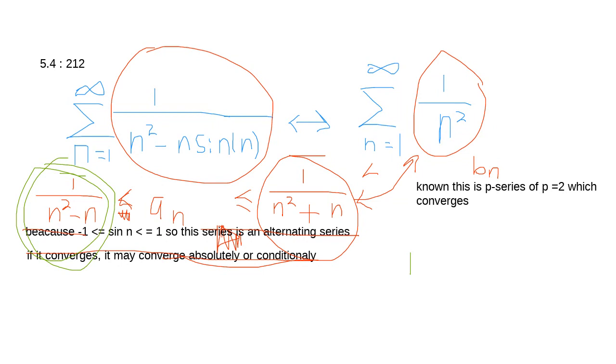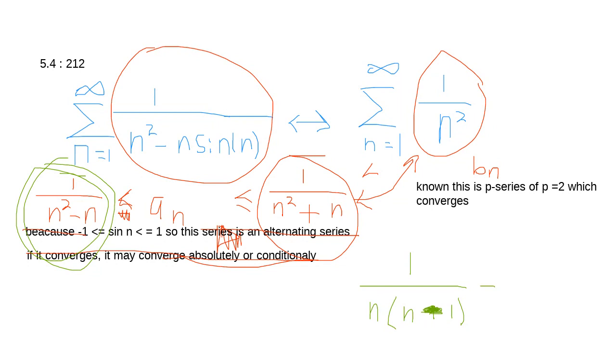So this side, all I can think of, that's 1 over n times n plus 1. Right? And we can break this into, not n plus 1, n minus 1: n times n minus 1.